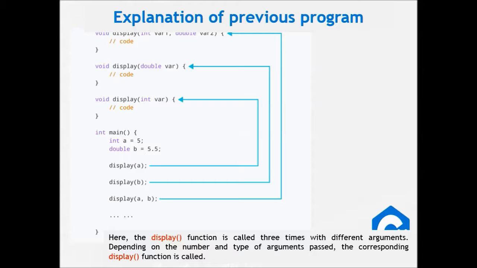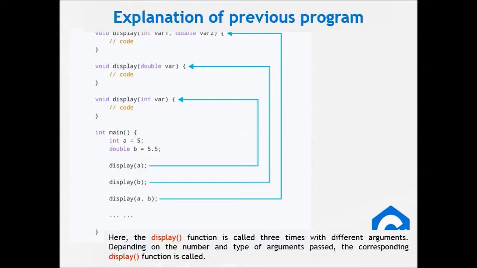And if we call the function with two arguments a and b, where a is an integer type and b is a double type, the compiler checks the argument types and argument numbers, and automatically it goes to the first function, which is void display int var1, double var2.